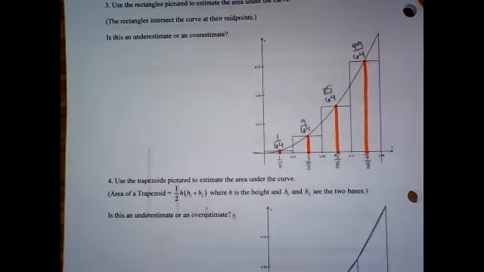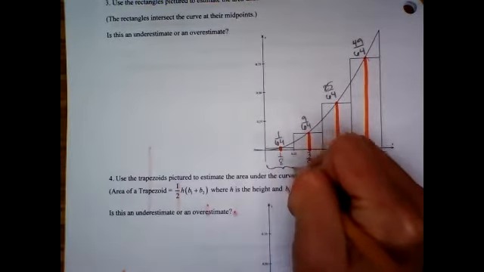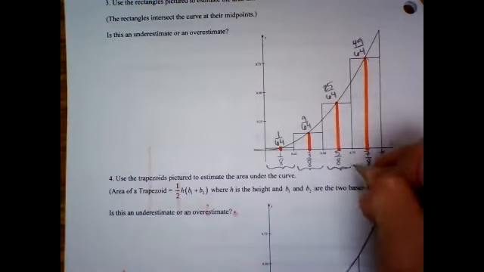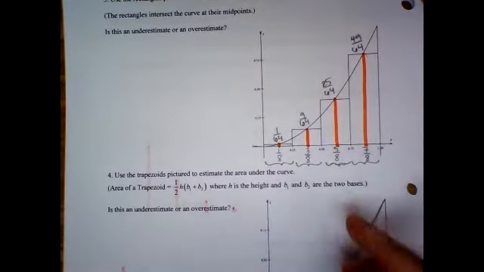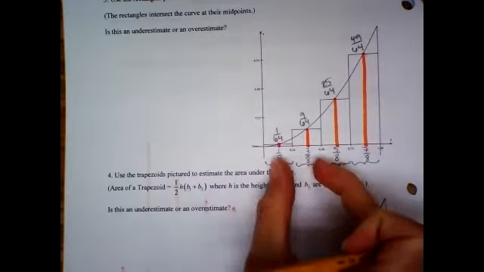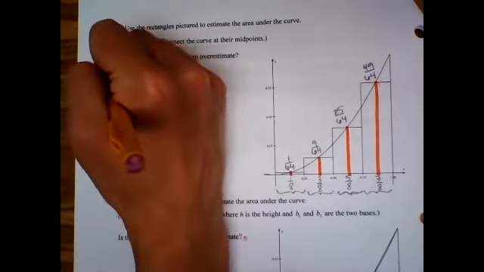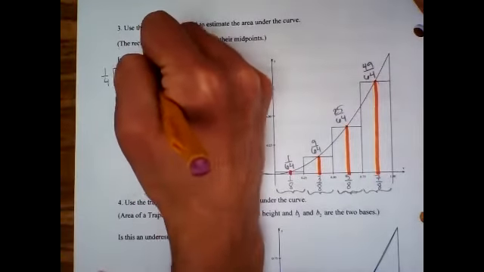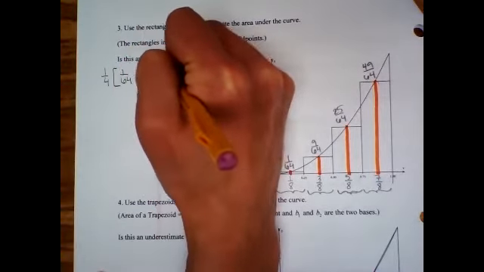Now this does get people because they want to put a 1/8 out front. The length of the subinterval is still what? It is still 1/4. You don't want to put a 1/8 out here. Do you see how each of the bases of the rectangles is still 1/4? All right, so it's 1/4 and then times 1/64 plus 9/64 plus blah, blah, blah.